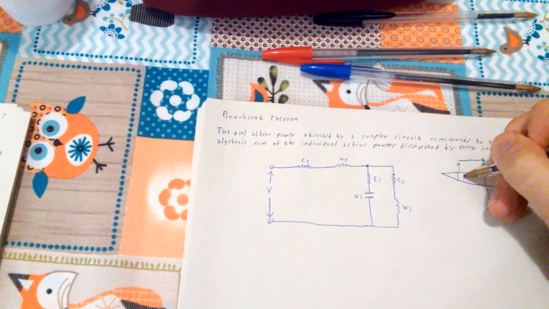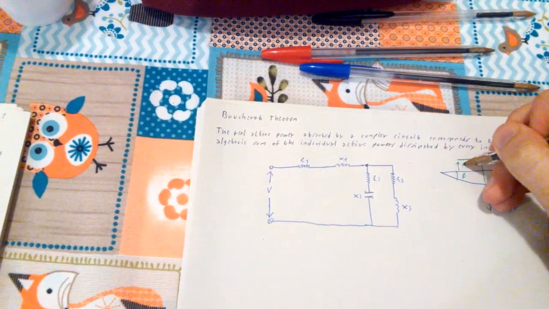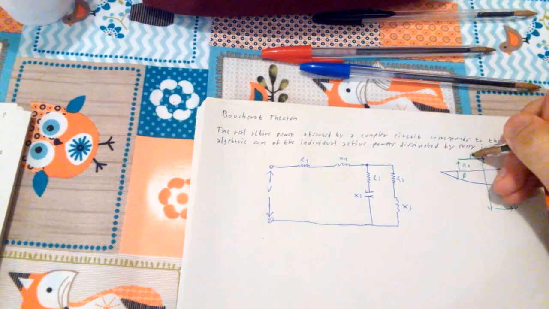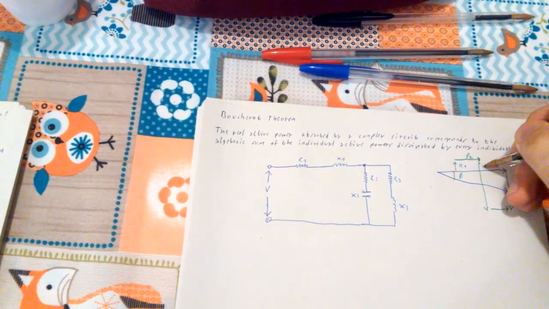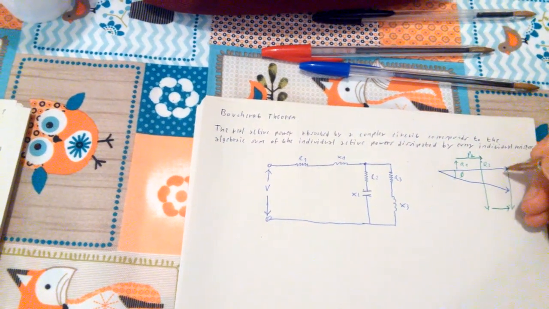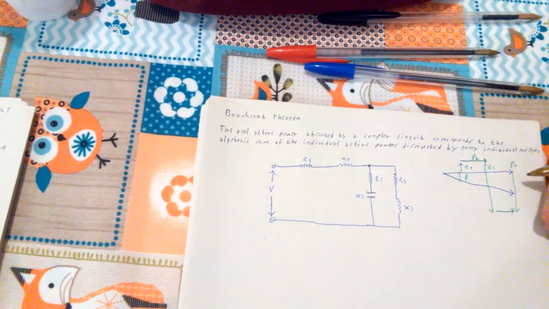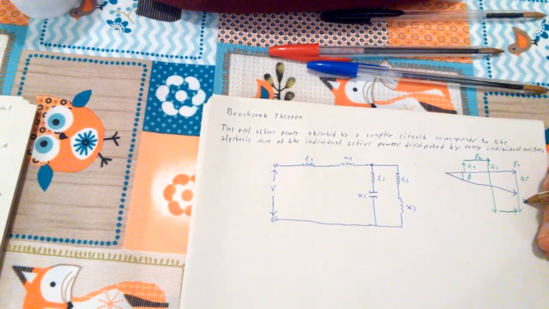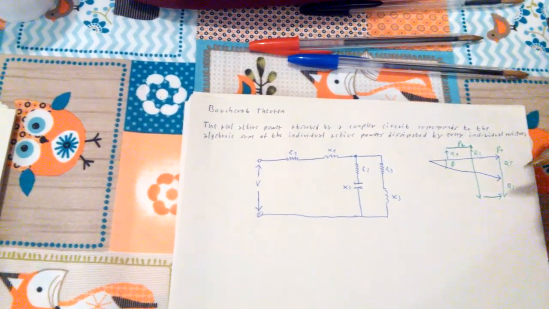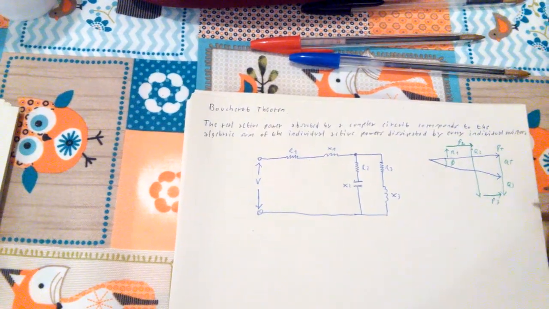In which this angle is phi, this one is Q1, this one is P2, not 3, this one is Q2, this one is PT, this one is QT, this one is Q3, this one is P3.